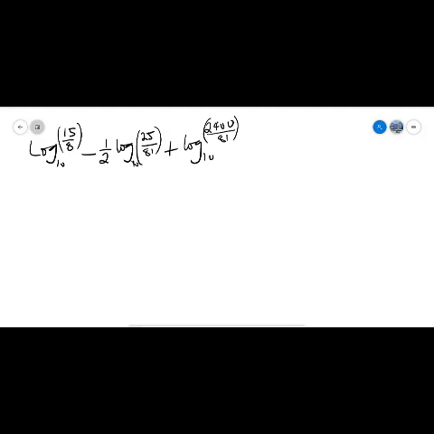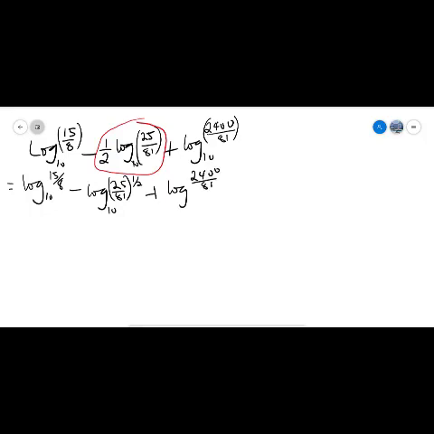Now you must remember that this is equivalent to having log 15 over 8 base 10 minus, now for this, according to the law of indices, this is log 25 over 81 raised to the power of half, then plus log 2400 over 81.